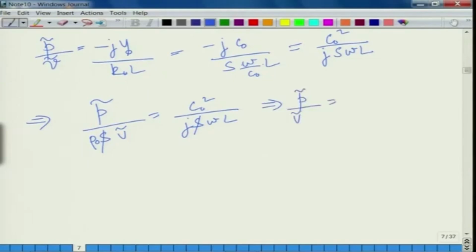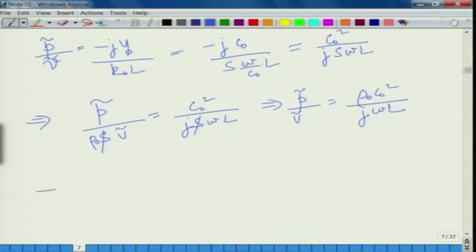the impedance that you see here: rho naught goes in the numerator to give us rho naught C naught square, and here you will have j omega L, where L is the length.